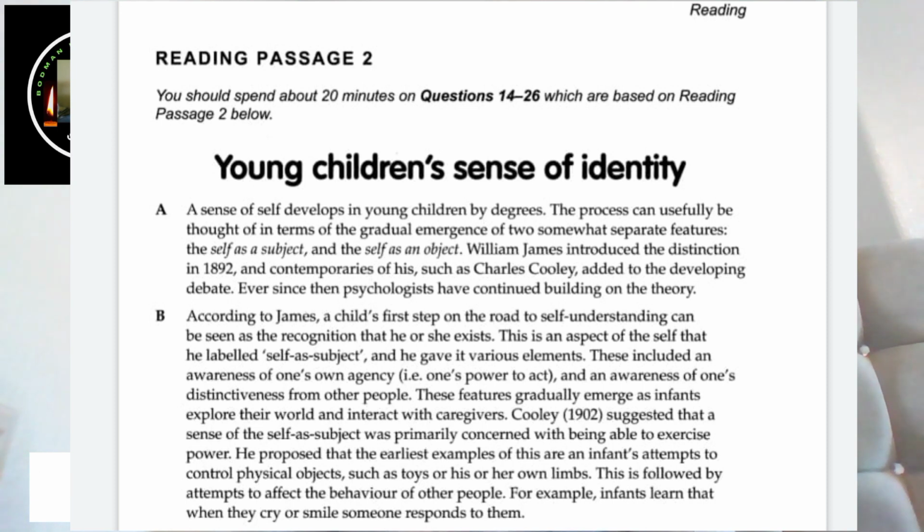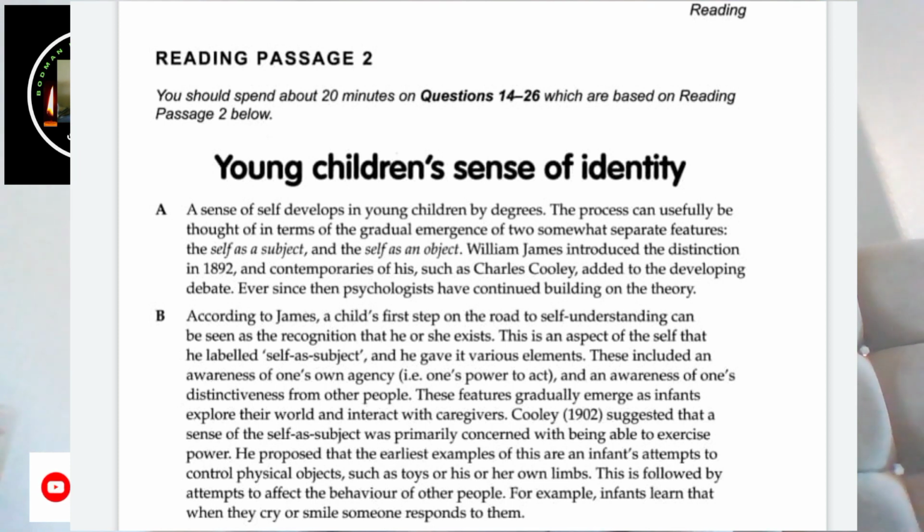These features gradually emerge as infants explore their world and interact with caregivers. So James is basically talking about self as a subject, which he said is the first step on the road to self-understanding. That is a child's first step.